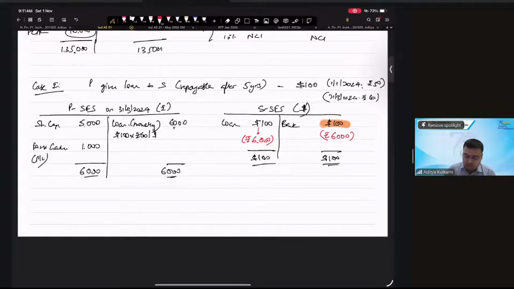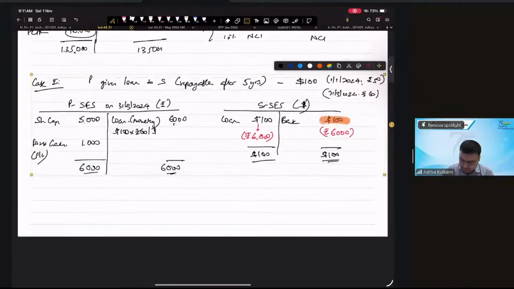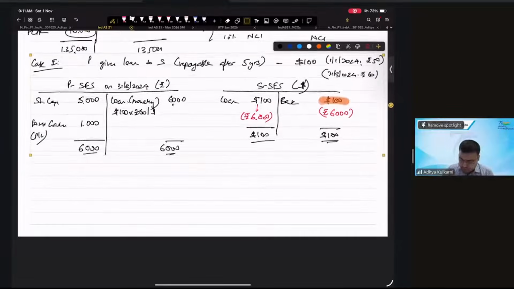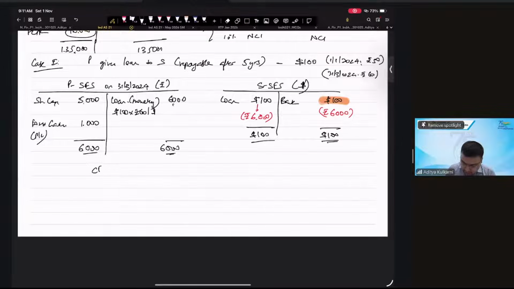It's very interesting now. Now, in the consolidated financial statements of the parent, what will happen to this 6,000 loan which is given?